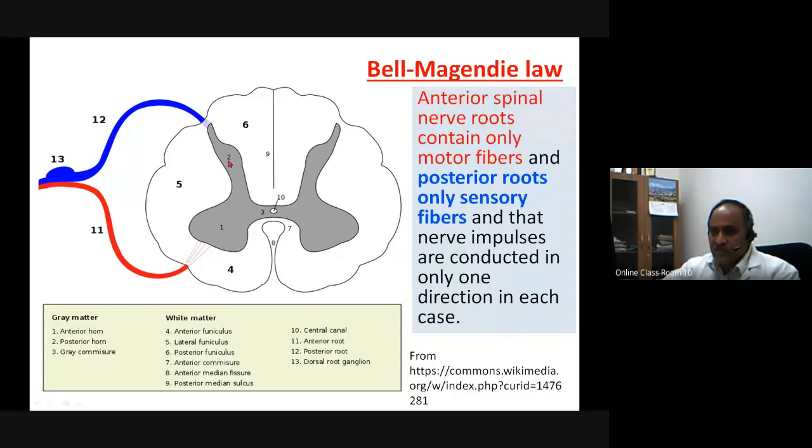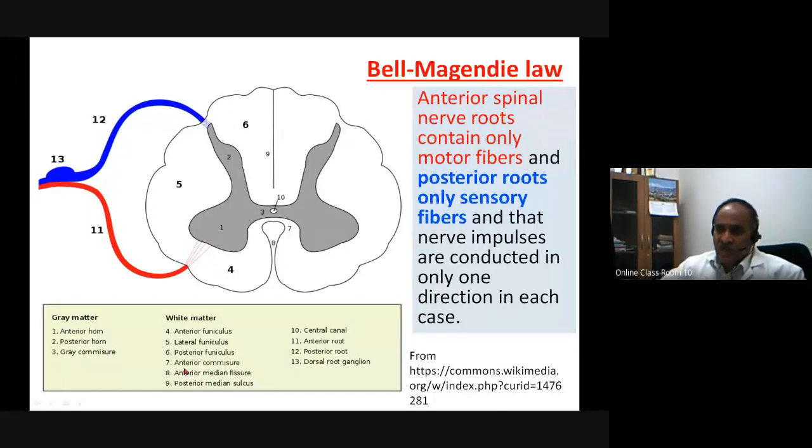Number three is the commissure, the joining between the two halves of the spinal cord. And 4, 5, 6: 4 is the anterior funiculus, 5 is the lateral funiculus, and 6 is the posterior funiculus.